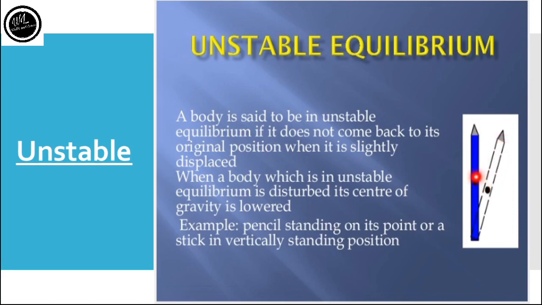In stable equilibrium, the center of gravity was at the lowest position, and when I tilt the body, its center of gravity rises. But in unstable equilibrium, it is opposite. The center of gravity is at the highest point, and when I tilt the body, the center of gravity is lowered.